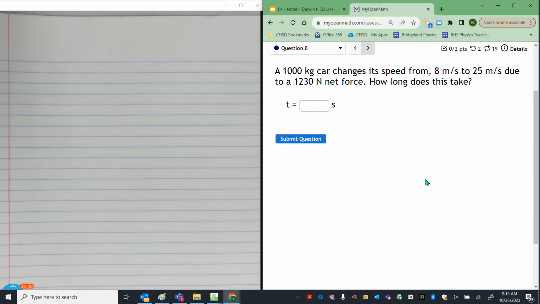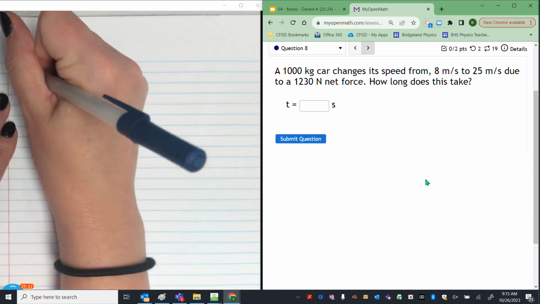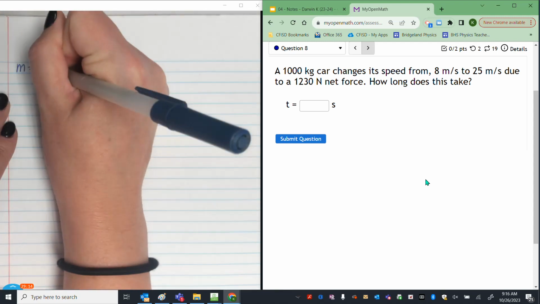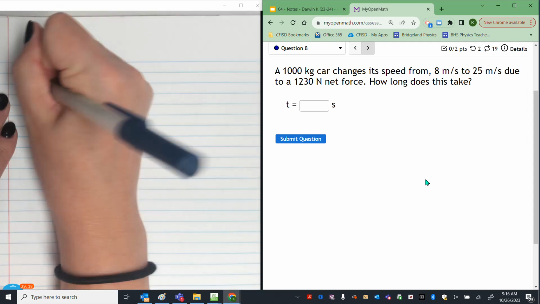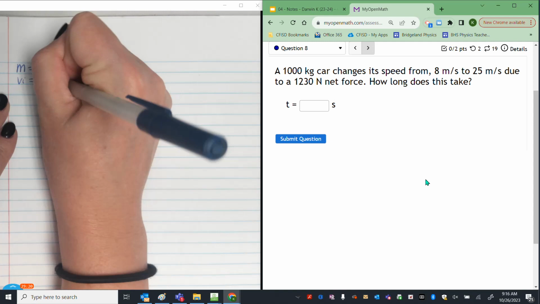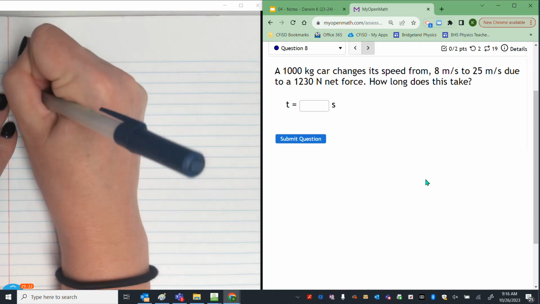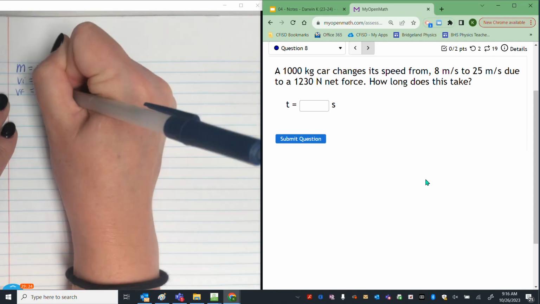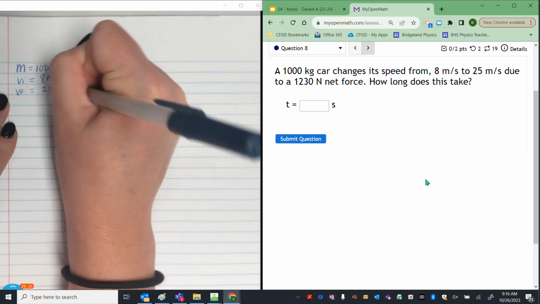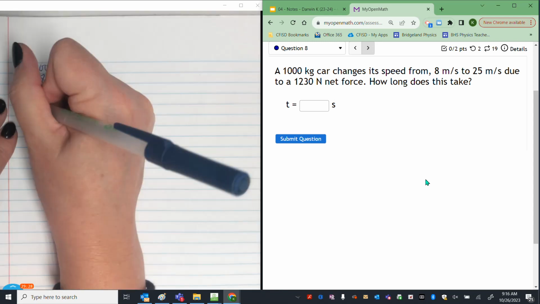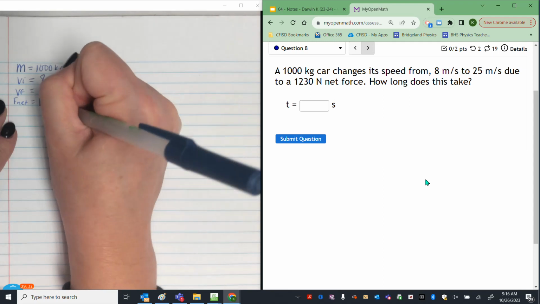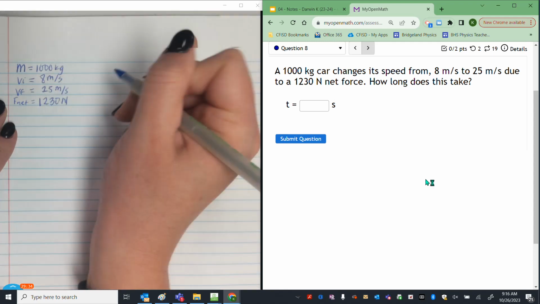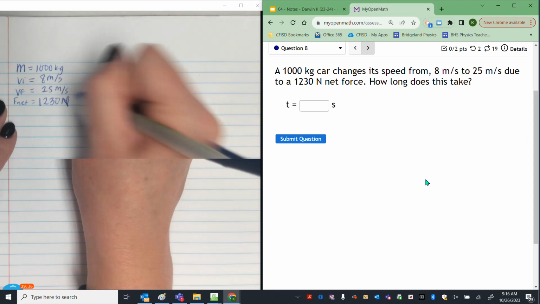So in this particular question, I have a mass of 1,000 kilograms. I have an initial velocity of 8 meters per second. I have a final velocity of 25 meters per second. I have F net of 1,230 newtons, and I'm trying to solve for time.